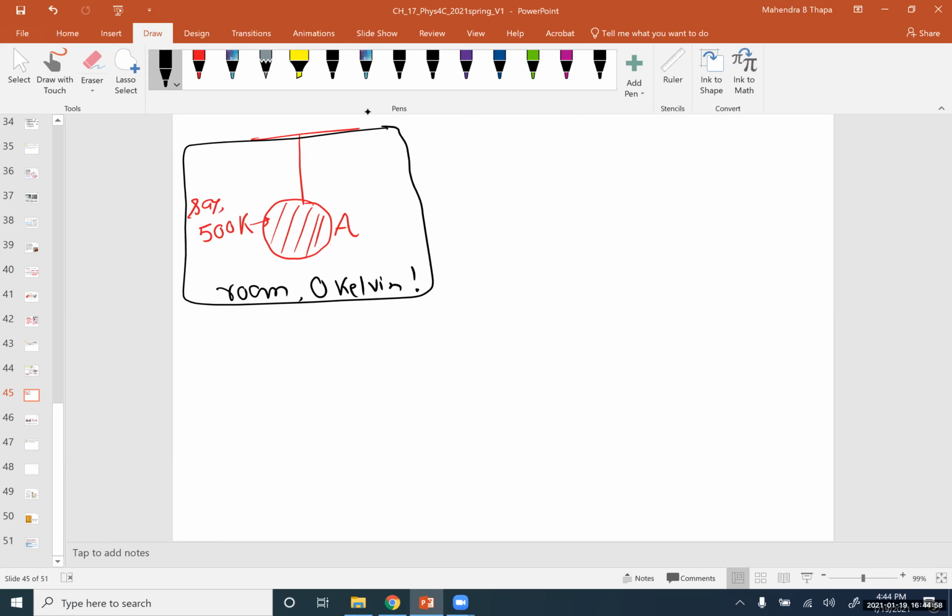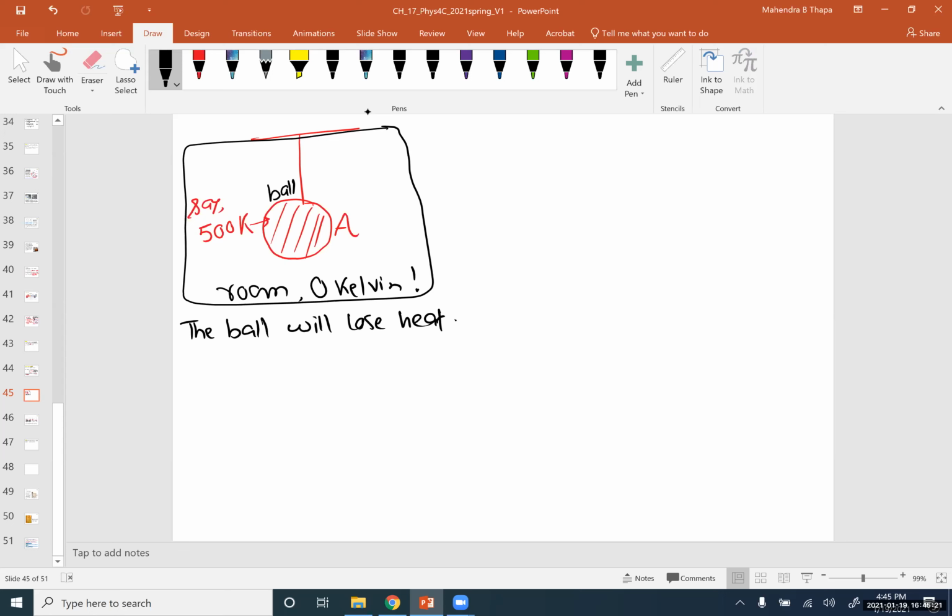So this means this metallic ball will lose heat. How much heat will it lose? It's given by the Stefan-Boltzmann law.